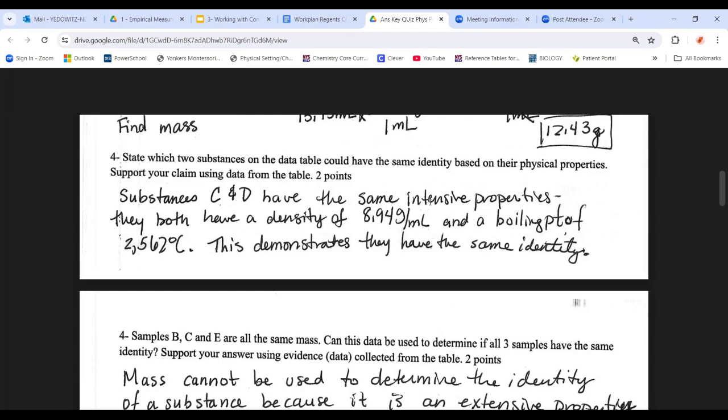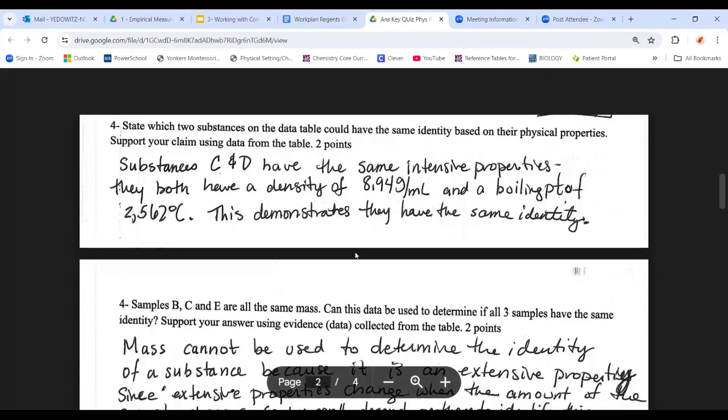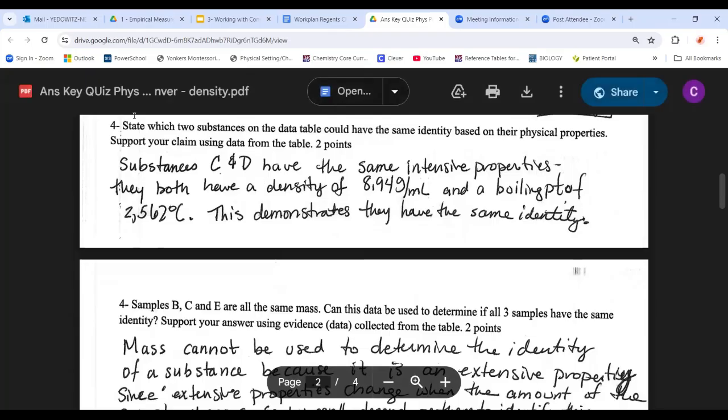And so I cannot use extensive properties to identify substances because it will be altered every time I change the quantity. So a lot of you are shortening that sentence to "it changes." That's not specific enough. It changes based on quantity. And it's very important that you hang on to all of those words because that's what's giving it its full meaning, right?